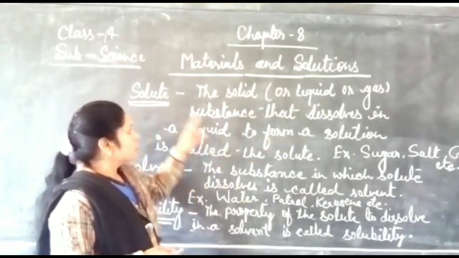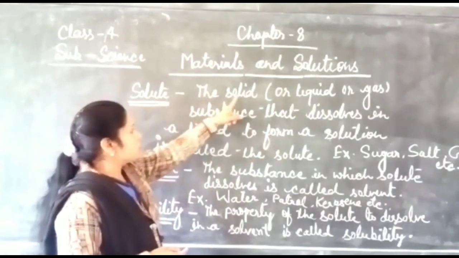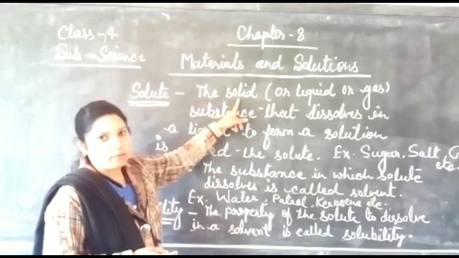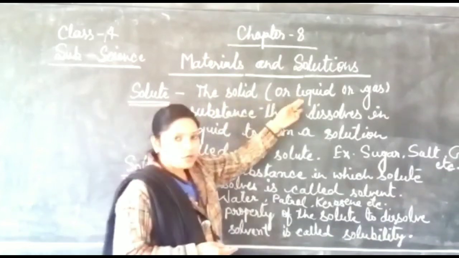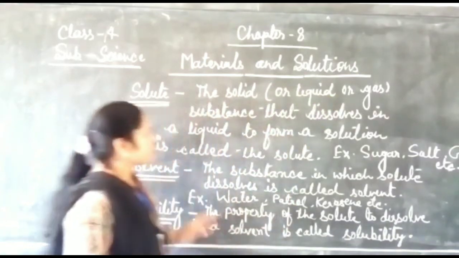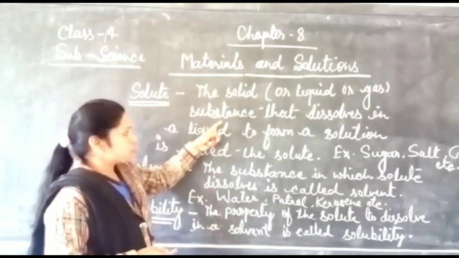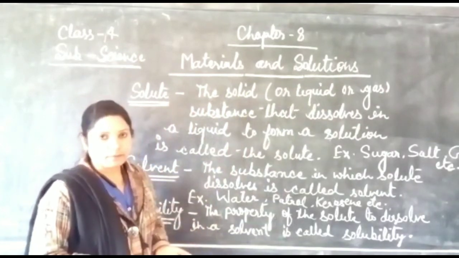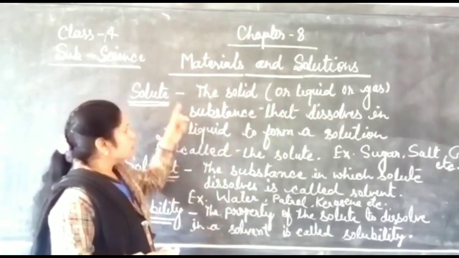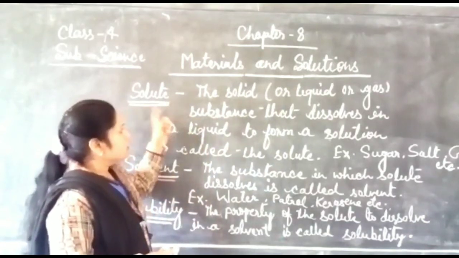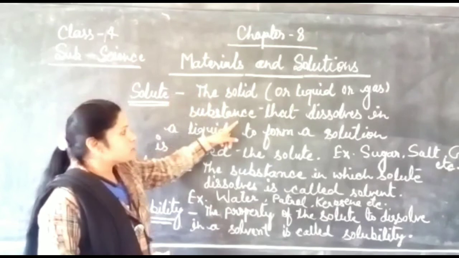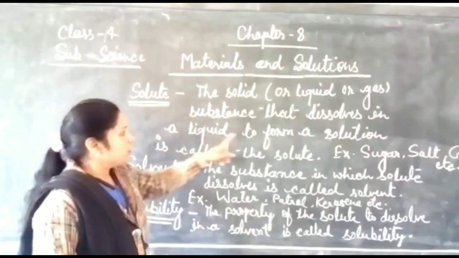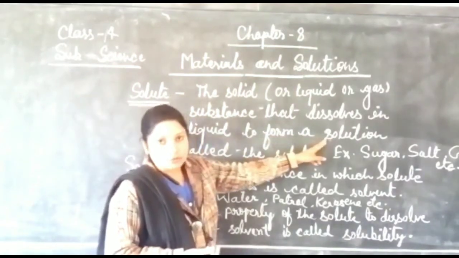So in a solution, the solute is mostly in solid form, but it may be liquid also or gas also. The solid substance that dissolves in a liquid completely is called solute, and when this solute dissolves in a liquid, it forms a solution.